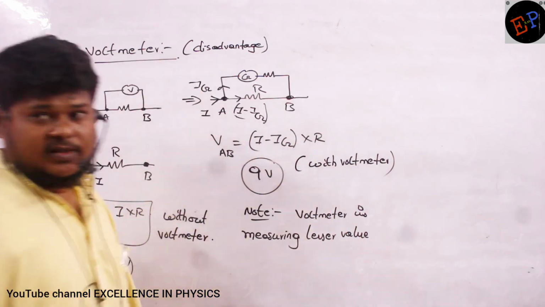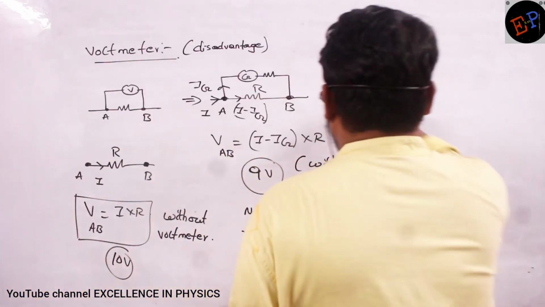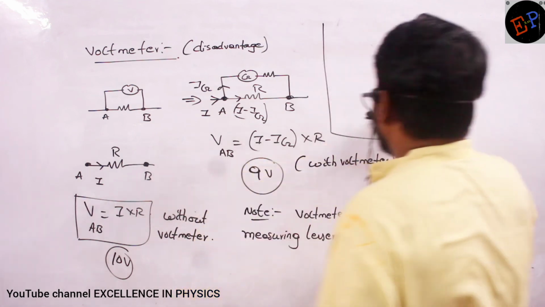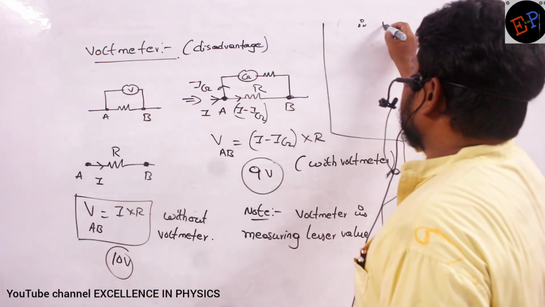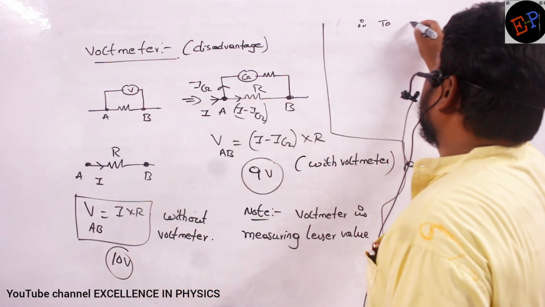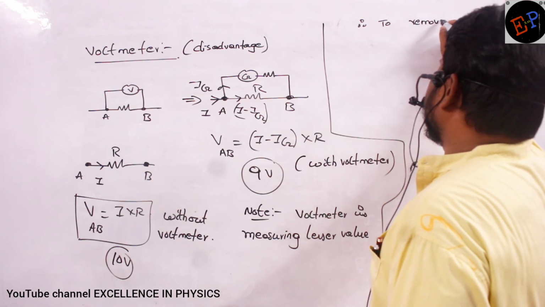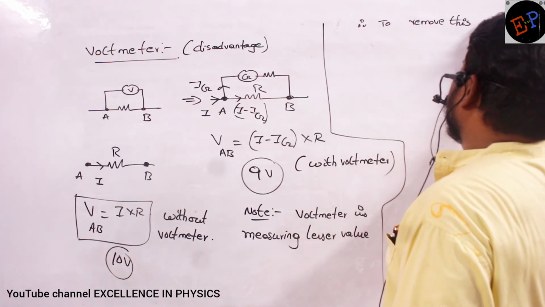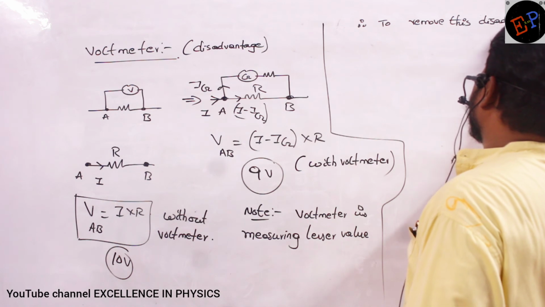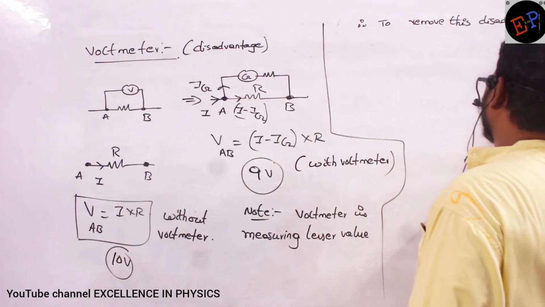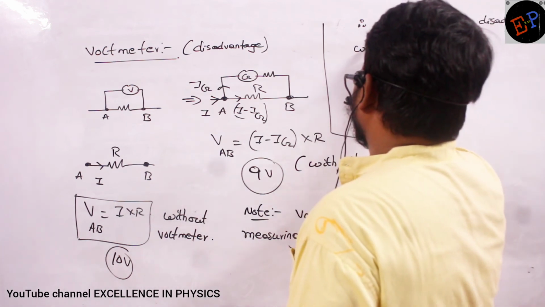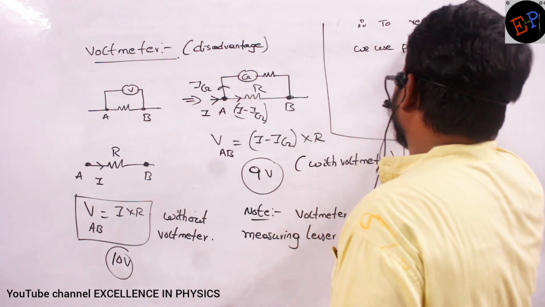That is the disadvantage of voltmeter. Therefore, to remove this disadvantage, what do we do? We use potentiometer.